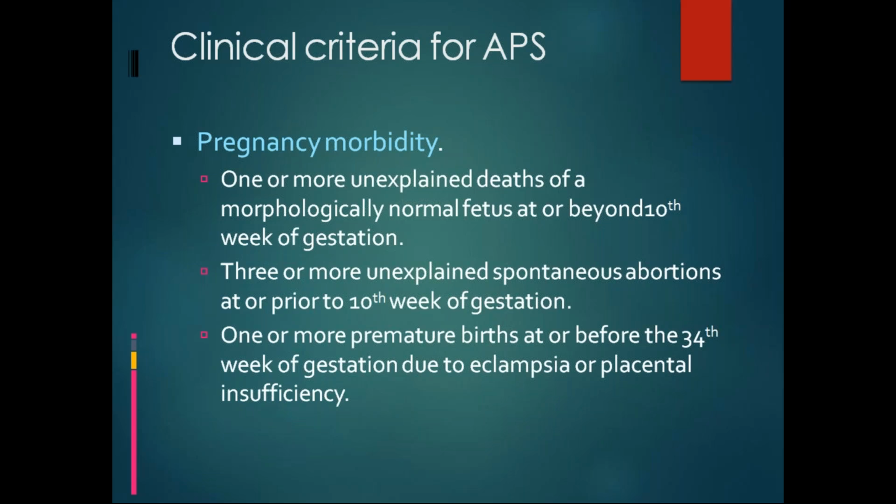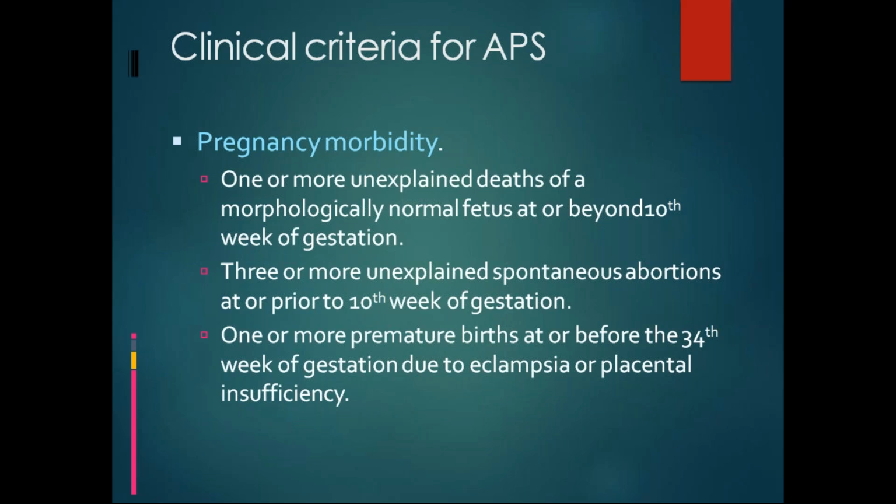One or more unexplained deaths of a morphologically normal fetus at or beyond the 10th week of gestation. This 10th week of gestation is very important for your future examinations as well as in your viva. Usually beyond the 10th week, as you already know, the first trimester is up to the 12th week. So you have to remember it is just beyond; it's not first trimester deaths, it's mostly in the second trimester that deaths happen.